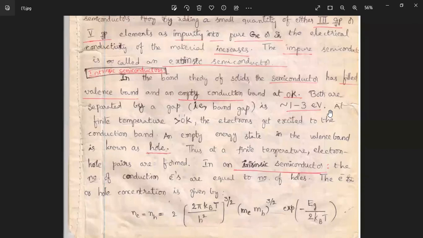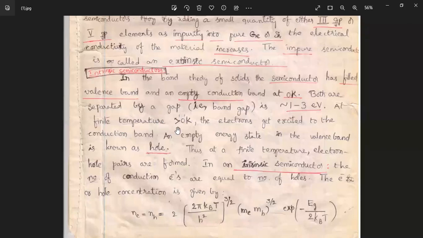So when you supply some energy, what will happen? These valency band electrons will move from the valency band to the conduction band. The gap between the valency band and the conduction band is called the energy gap of the semiconductor. Usually this gap lies between 1 and 3 electron volts.